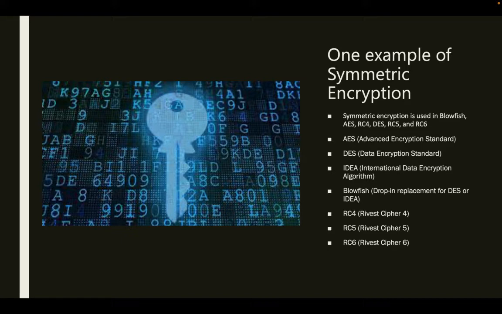AES means Advanced Encryption Standard, DES is Data Encryption Standard, IDEA is International Data Encryption Algorithm, Blowfish is a drop-in replacement for DES or IDEA, RC4 is Rivest Cipher 4, RC5 is Rivest Cipher 5, and RC6 is Rivest Cipher 6.